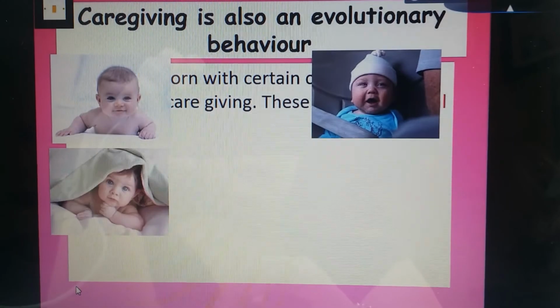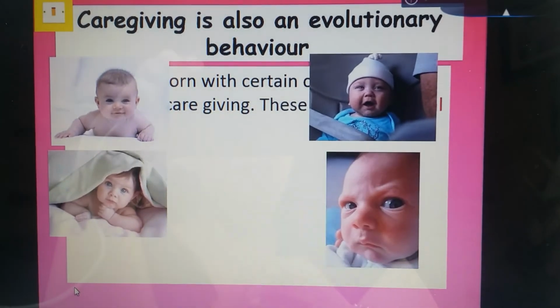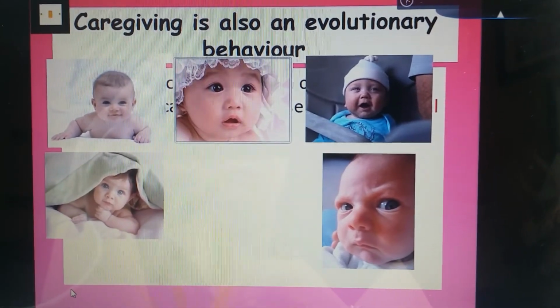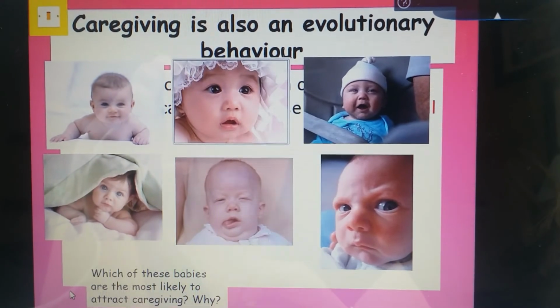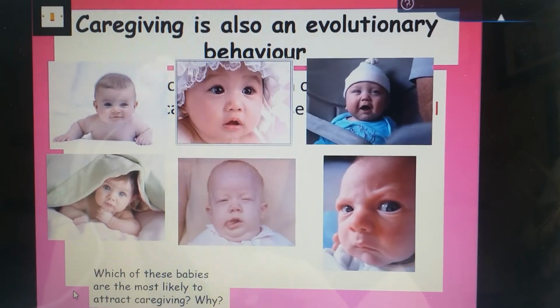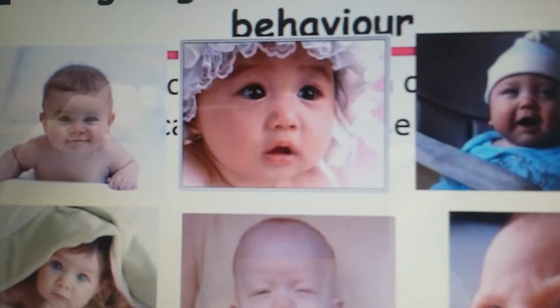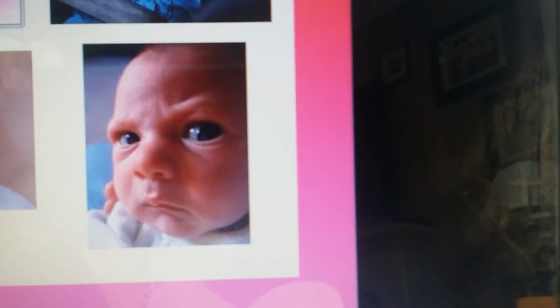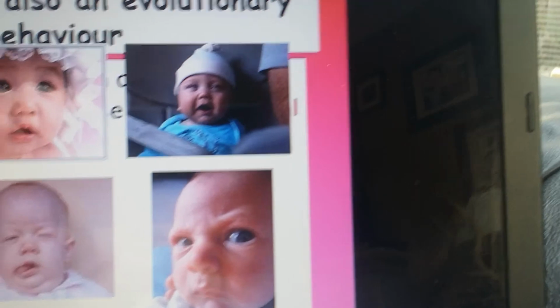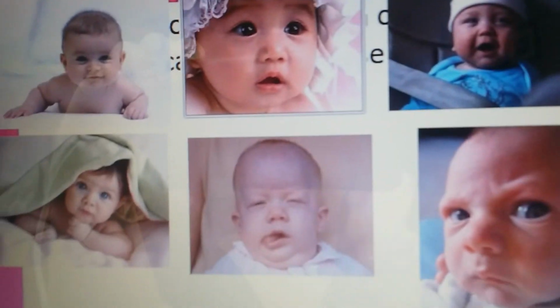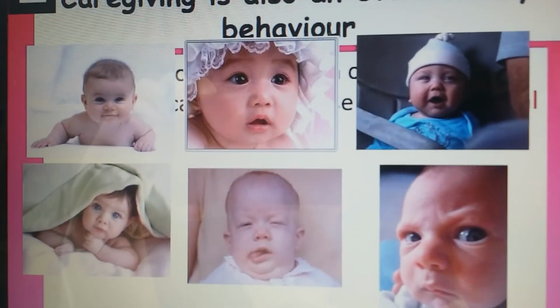If we have a look at these babies, some of them have more caregiving features than others. For example, the baby in the top middle has large eyes. This one has cute large eyes. This one is cute because it has large eyes, and some of the others like this one are smiling, again emitting social releasers.